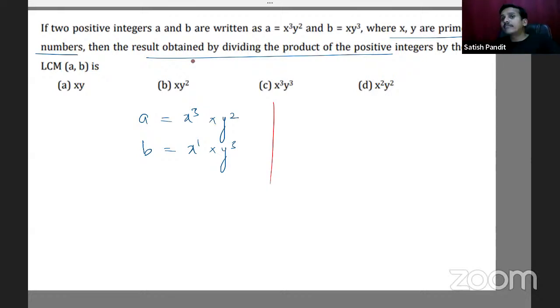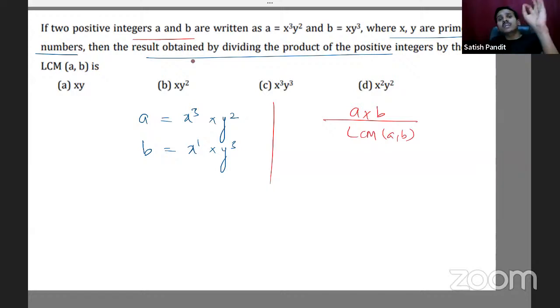The two numbers they have given are A and B. The result they are asking is obtained by dividing the product of the positive integers, which is A into B, by the LCM of A comma B.